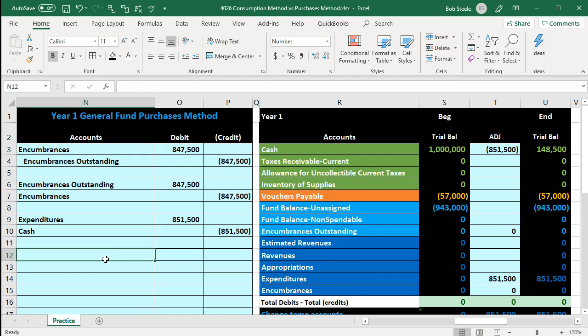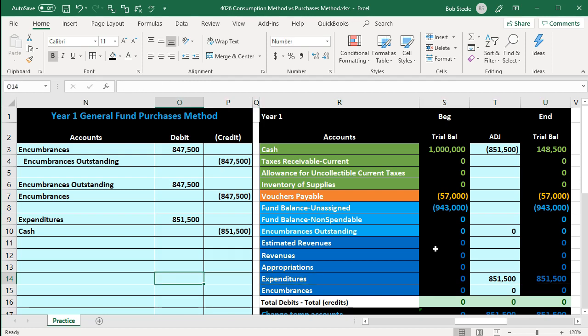Now note, as we do this, we've kind of overstated the expenditures on an accrual basis because we've got the whole expenditure down here and we didn't consume all of the supplies. So we're kind of more on a cash basis with regards to the income statement. But once we close out, you'll see that the net equity will be in the same position.